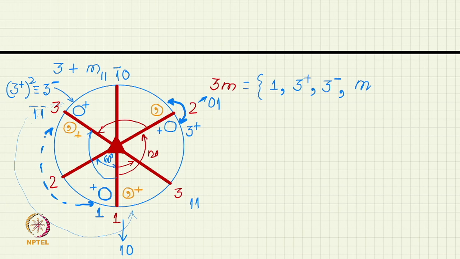Sorry, my diagram is getting cluttered, but I hope you are following it. And then I have this one which is 0 bar 1. These are the Miller indices of these directions in which mirrors are lying.